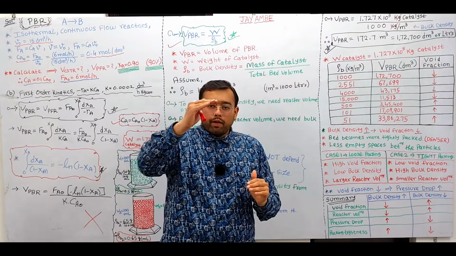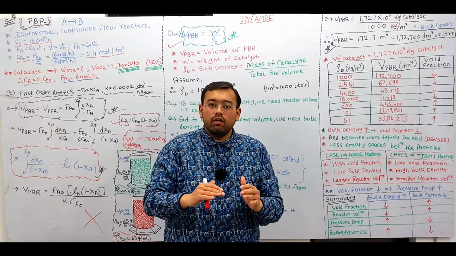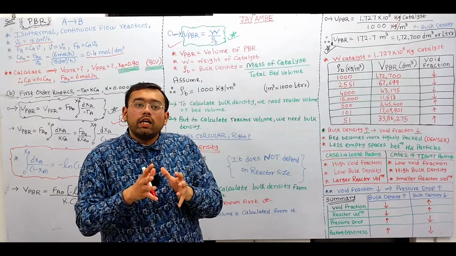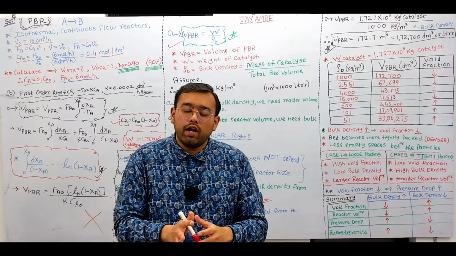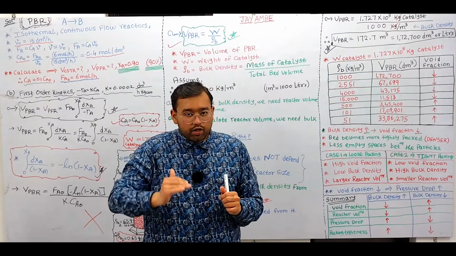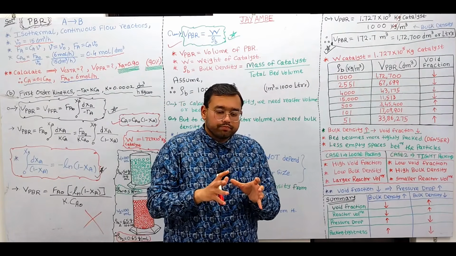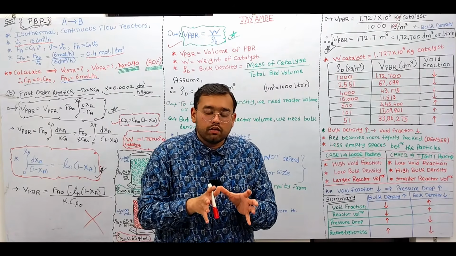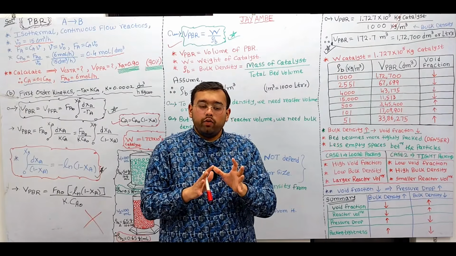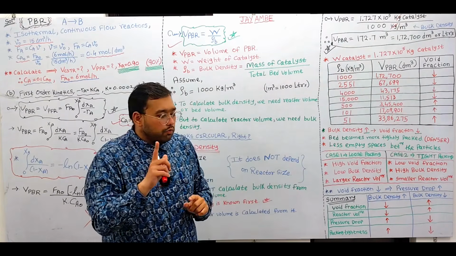So by increasing the bulk density, the volume of the packed bed reactor decreases. The void fraction also decreases, due to the tight packing of the solid catalyst, due to which the packing tightness increases, and the pressure drop will increase. I hope you have understood.